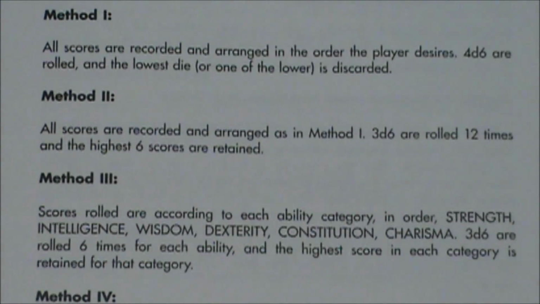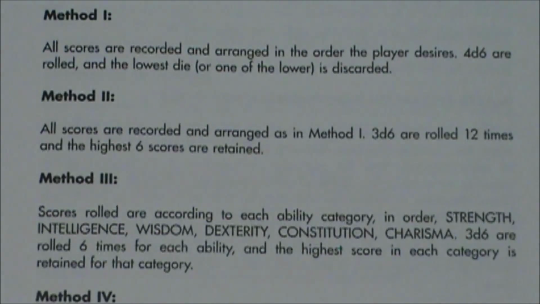Here we have it on page 11 in the Dungeon Master's Guide. We've got several different methods. Method 1, it says all scores are recorded and arranged in the order the player desires. So if you happen to roll a high score and you want that to be for your intelligence, you can place it there. You roll 4 six-sided dice, and you throw away or discard the lowest die.